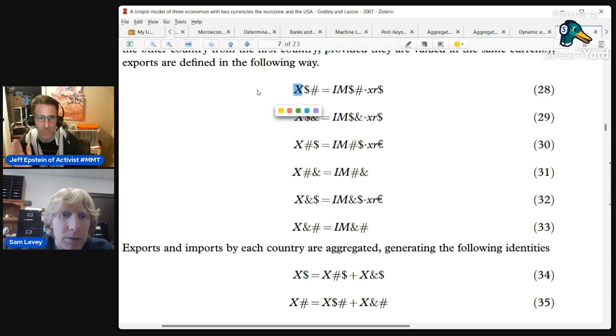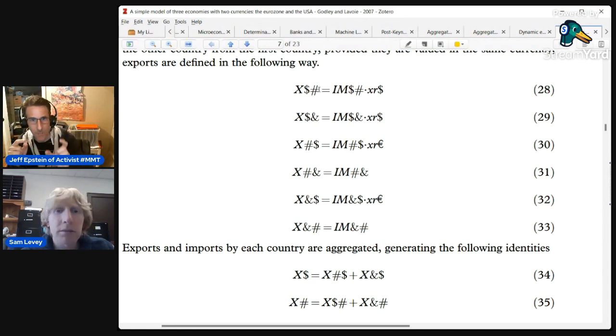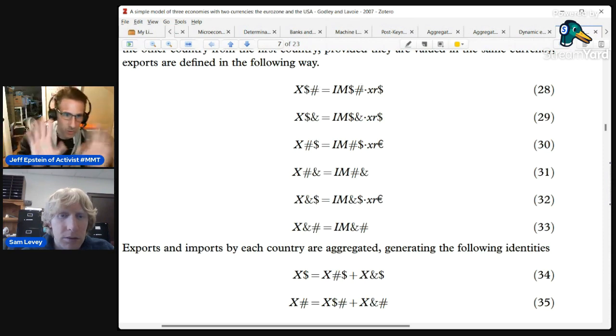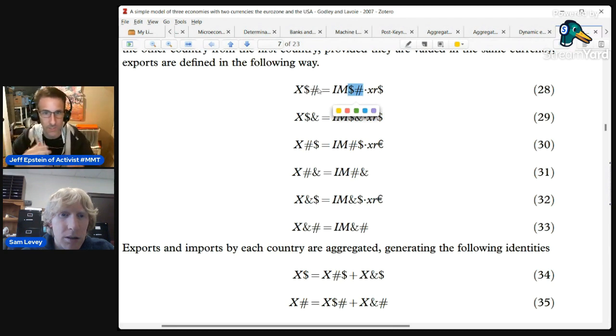X $hashtag means that I am in the hashtag country and I send stuff to the United States. So the two country symbols always go from right to left. An export means that I'm standing in the left country, and import means that I'm standing in the right country, because that's the source country, the issuing country.